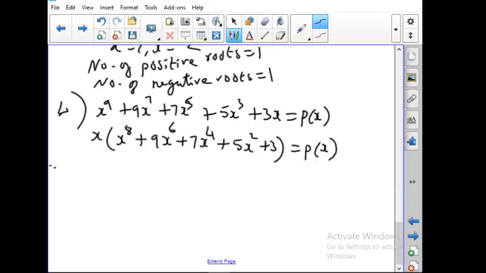If you take x equal to 0, then x is equal to 0 is a root. And if you see here, no sign changes.